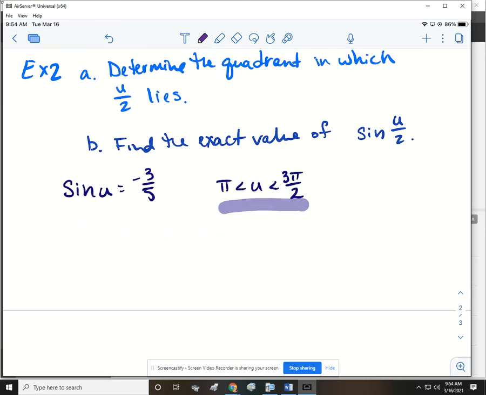So if our angle falls between pi and 3 pi over 2, that's going to be quadrant 3. So we would draw quadrant 3. There's our U. All right, what we know about U is that the sine is negative 3/5. So the opposite is 3, the hypotenuse is 5. So that automatically means that the adjacent is 4.